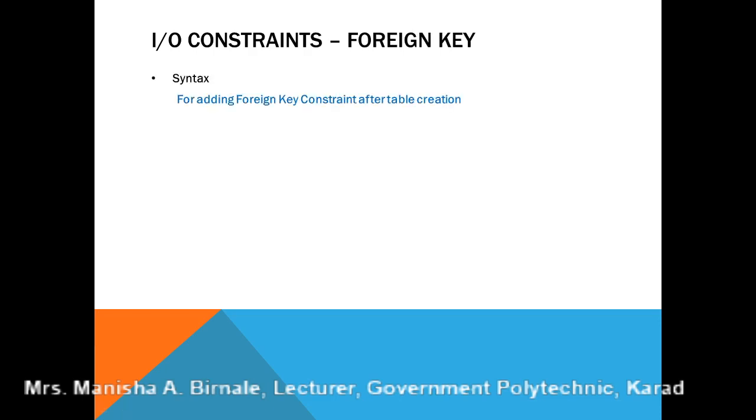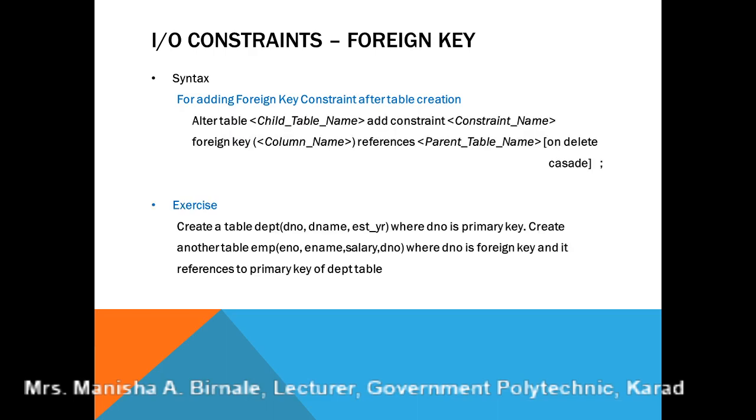Then another way of creating a foreign key is, suppose you have already created a table and after creating the table you want to designate a foreign key. So this is the syntax for adding a foreign key constraint after table creation. Alter table, then you have to write your child table name, because remember one thing: the table having the foreign key is called a child table.